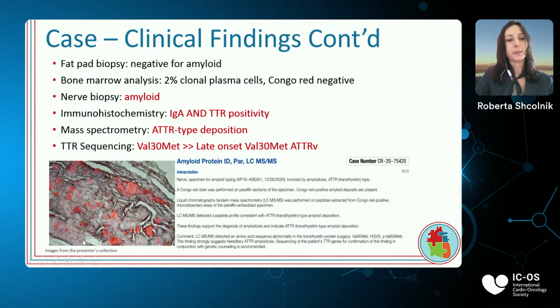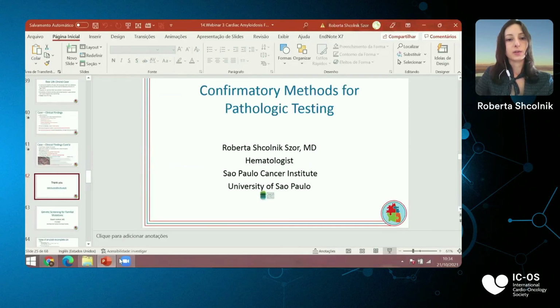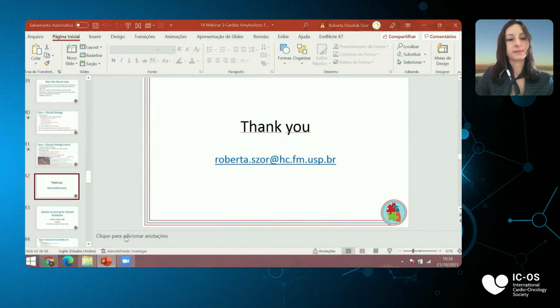And here are pictures of the amyloid deposit in the nerve, and here the mass spec results. So with that, I finish. Thank you, everyone. So we can go to the next presentation.